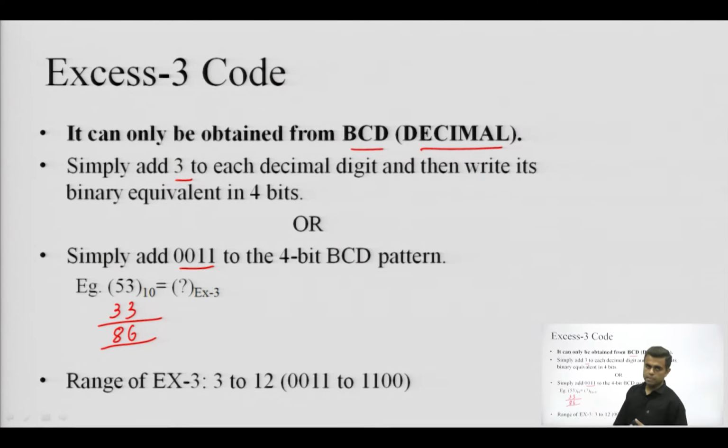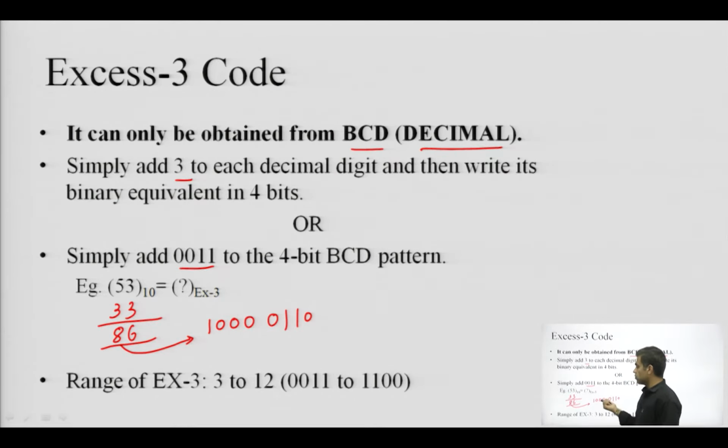Now, this becomes 86, and now I can replace this 8 and 6 individually by their 4-bit binary equivalents. So, this 8 can be replaced as 1000 using that 8421 method, and this 6 can be replaced by 0110 again by using that 8421 method.